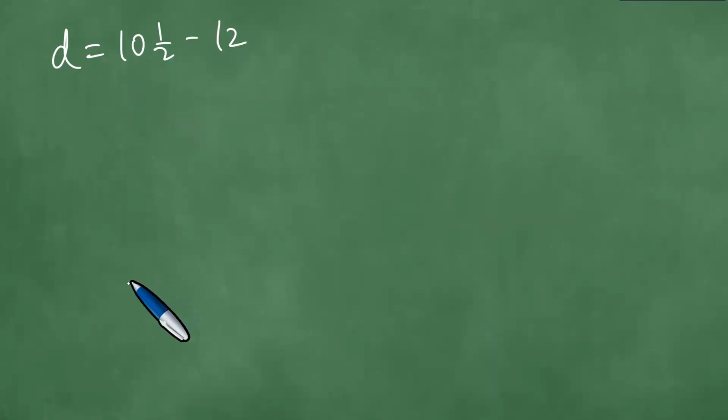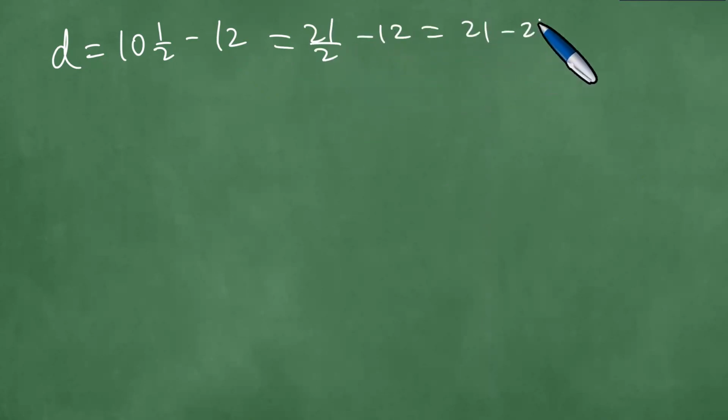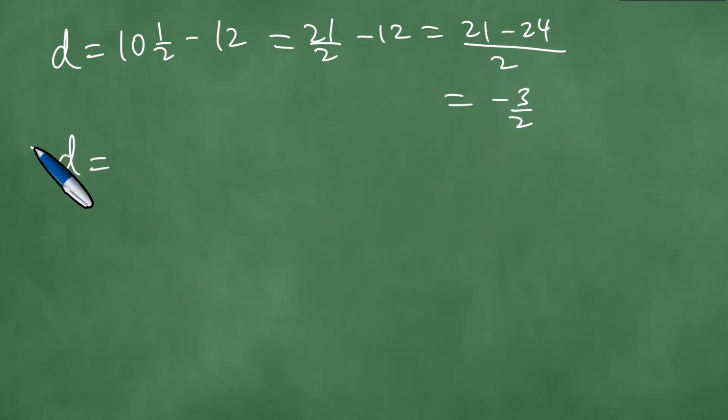What is 10 and 1/2? 10 by 2, 20 plus 1, which is 21 over 2, minus 12. 21 minus 24 over 2. The conclusion, therefore, is that the common difference is minus 3 over 2.